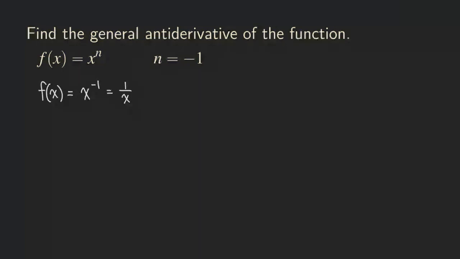If we want to find the general antiderivative of 1 over x, how do we do that? Let me just recall something here. When we take the derivative of ln of x, what are we going to get? We are going to get 1 over x.